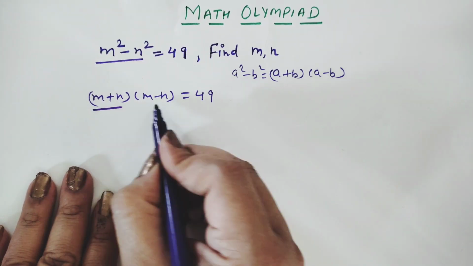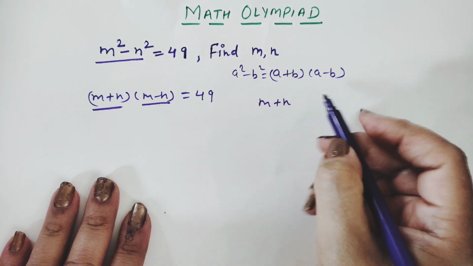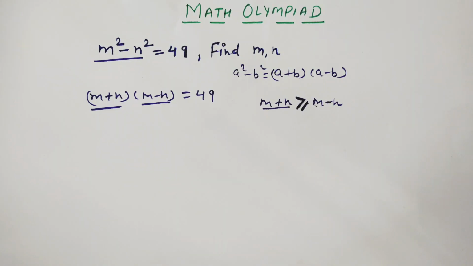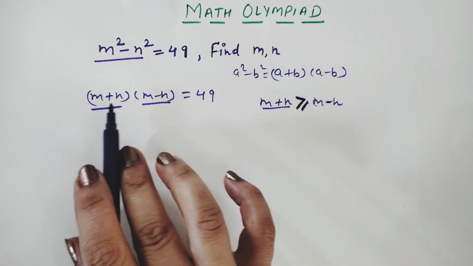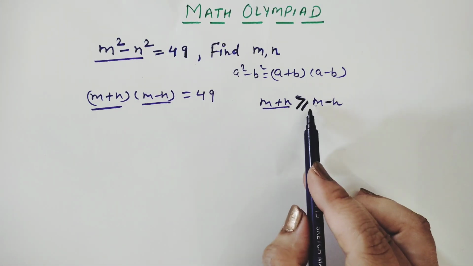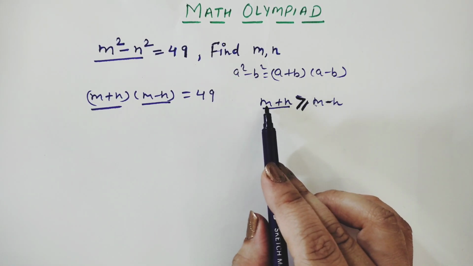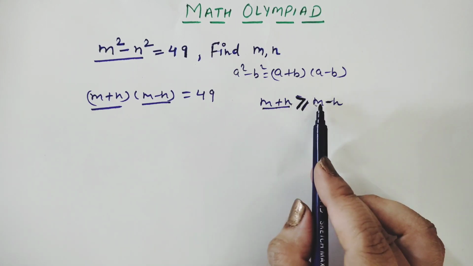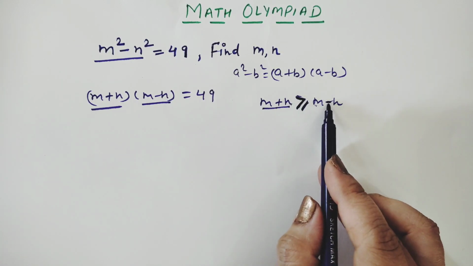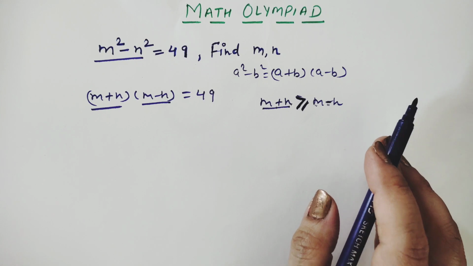Now if we compare these two terms, m plus n and m minus n, we have only two choices. Either m plus n is greater than m minus n, or m plus n is equal to m minus n, because the sign between m and n is plus in one and negative in the other.